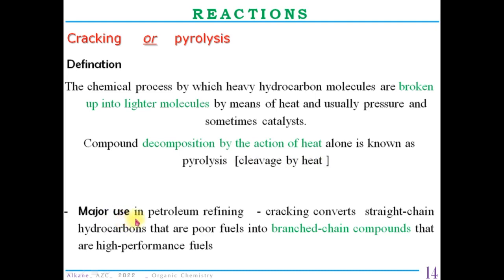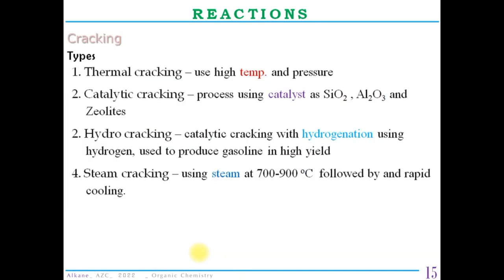Majority cracking process is used in petroleum refining, where cracking converts straight chain hydrocarbons that are poor fuels. They are converted into branched chain compounds which have high efficiency as a fuel. Types of cracking: there is thermal cracking, where the use of temperature and pressure is there for cracking purpose.